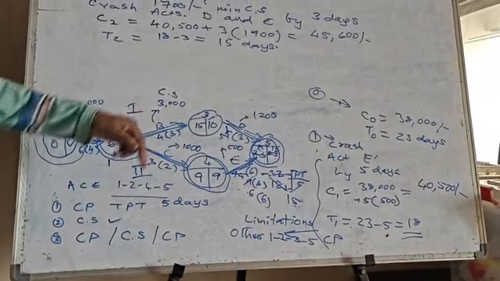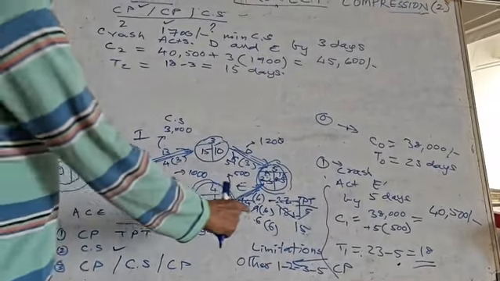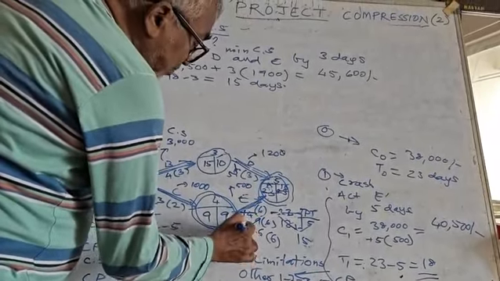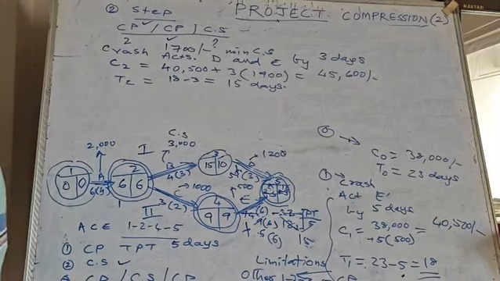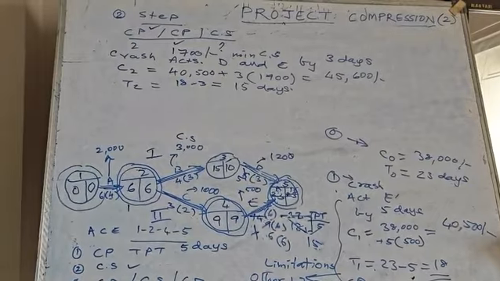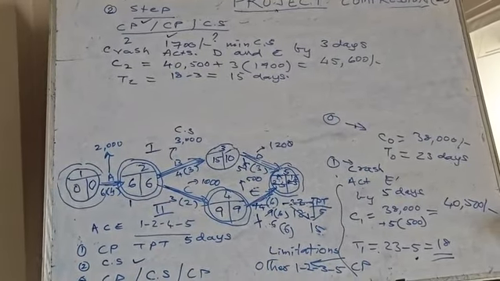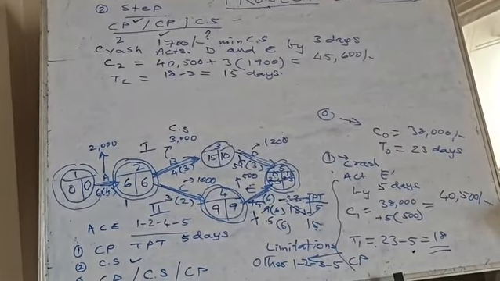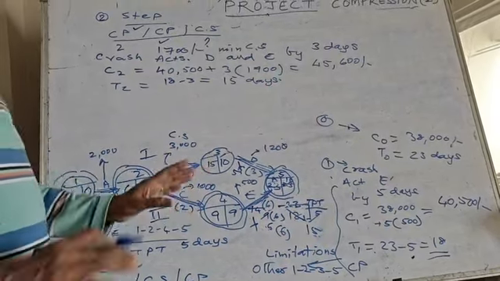Then what will happen? This activity E has completely exhausted now. You cannot reduce that now. Both the paths are still critical.